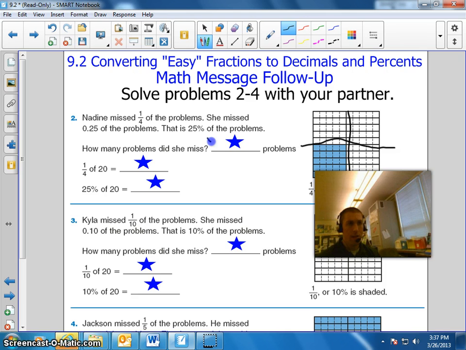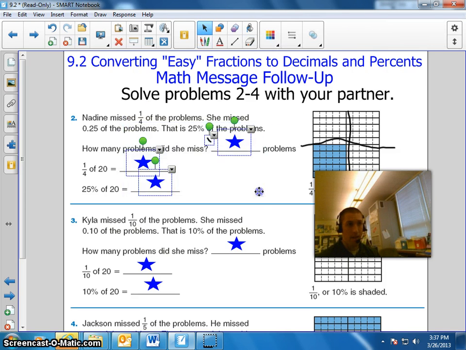So looking at that, you should know how many problems she missed. 1/4 of 20 is, and 25% of 20 is. So how many problems did she miss? She missed 5 problems.